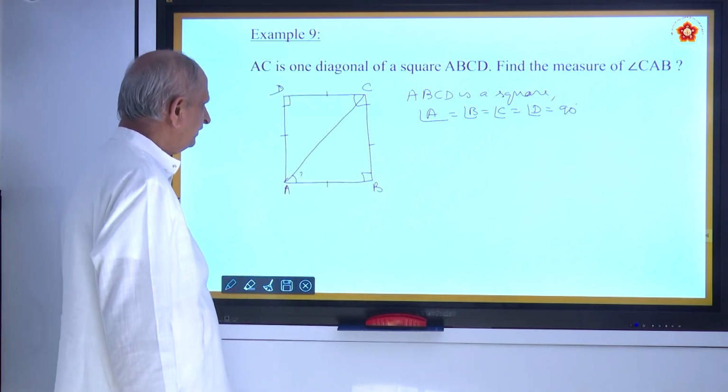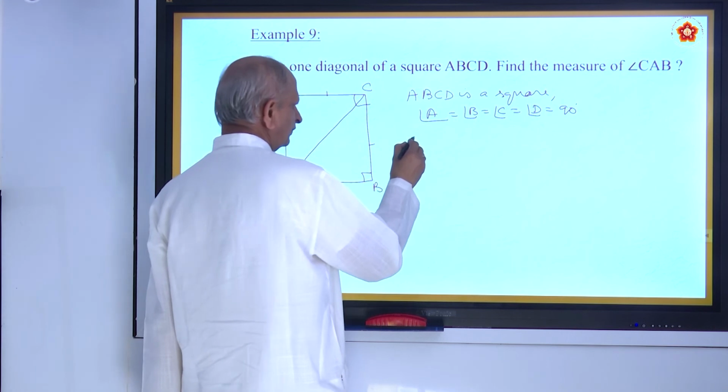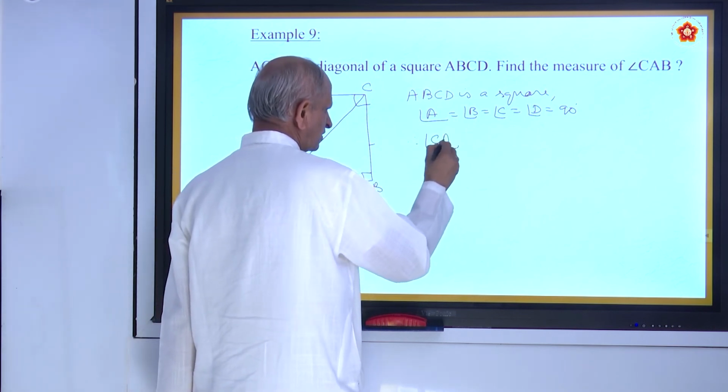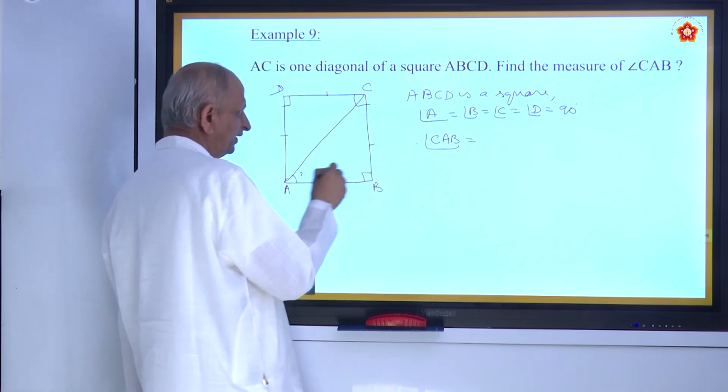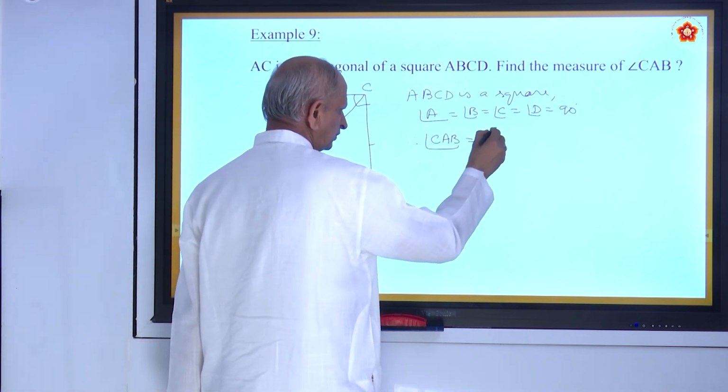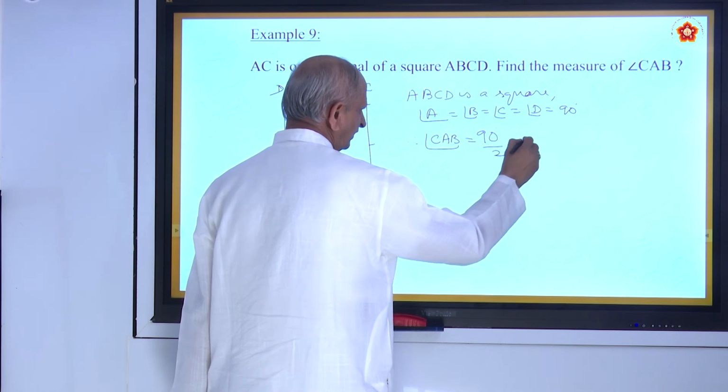Angle CAB is equal to, total angle is 90 by 2, that is 45 degrees.